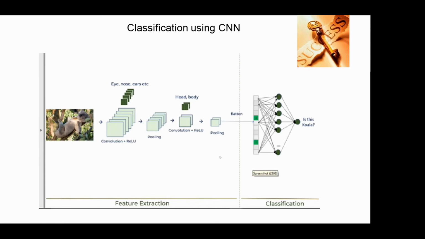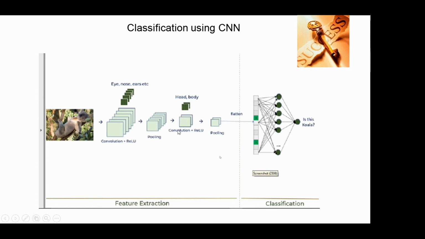The matrix contains the pixels obtained after the convolution and ReLU operations. Then again you use a second operation, convolution plus ReLU, on the previous data. So after pooling, you will get new input data.